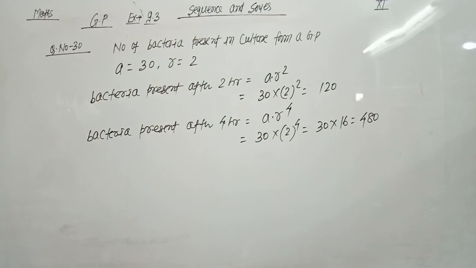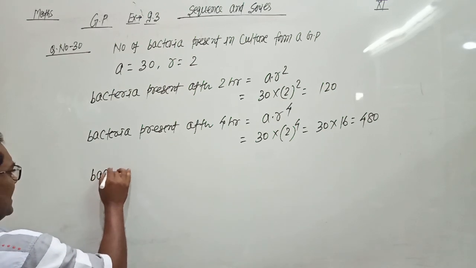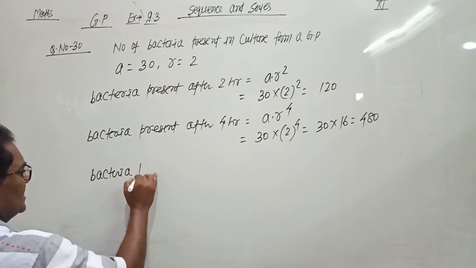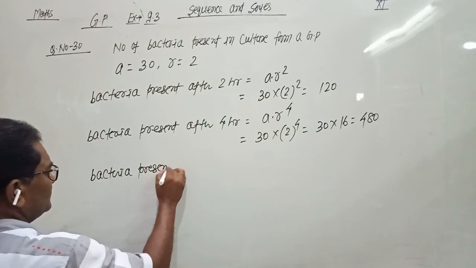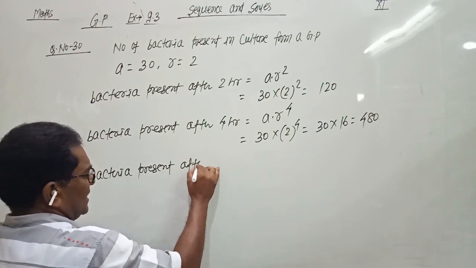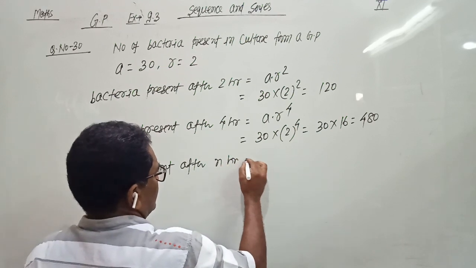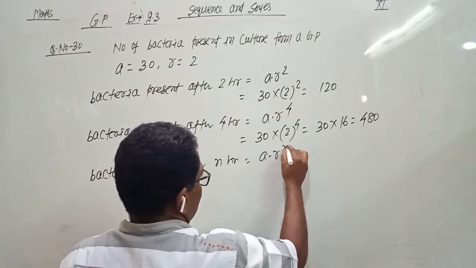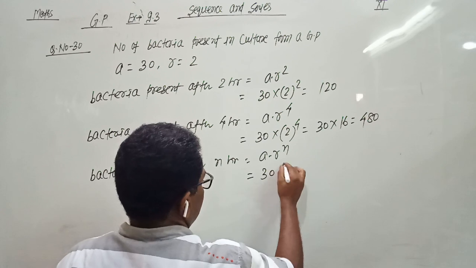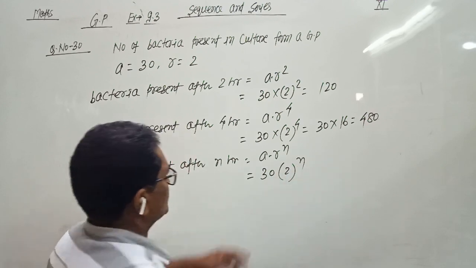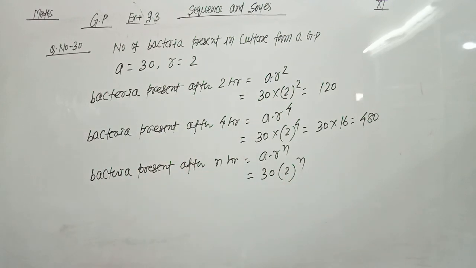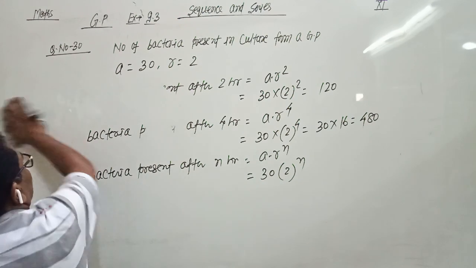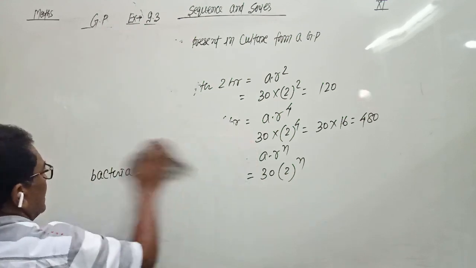Then we have to find the bacteria present after n hours. Means A into R raised to the power n. So 30 into 2 raised to the power n. So these are the three answers: bacteria present after 2 hours, after 4 hours, and after n hours.